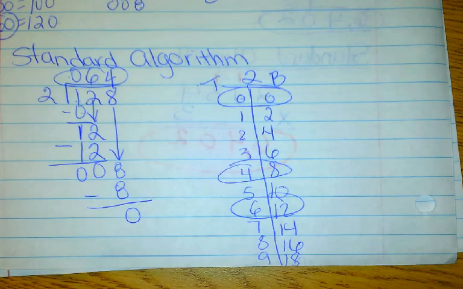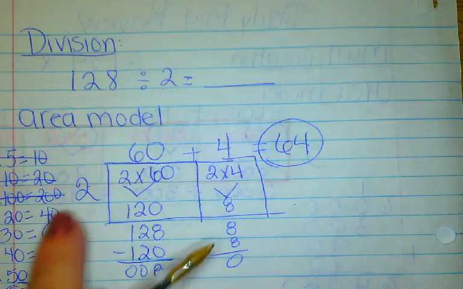Now, I understand that you might not like to do either the area model or the standard algorithm. But I do need to teach you both ways and make sure that you get it both ways. One might be easier for you. Maybe the standard algorithm is a lot faster for you. But in STAR, they might give you a problem that has this box right here called the area model.